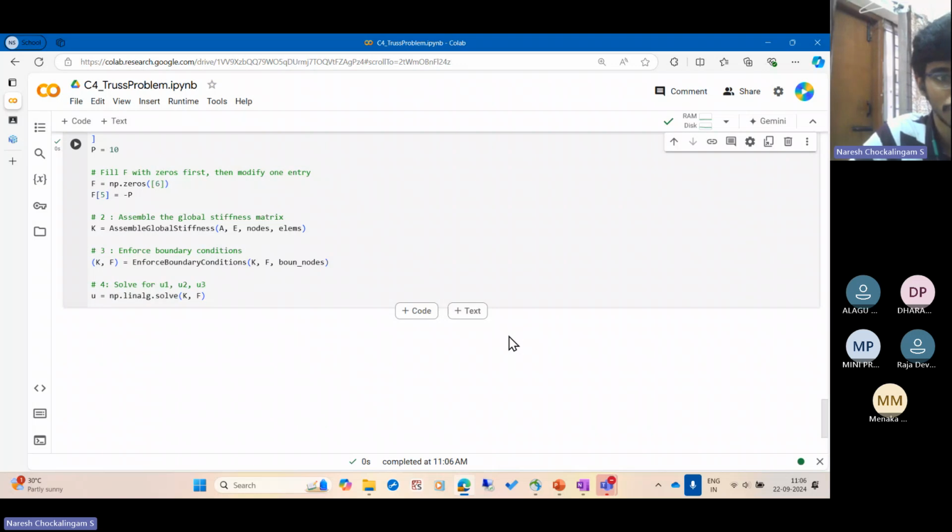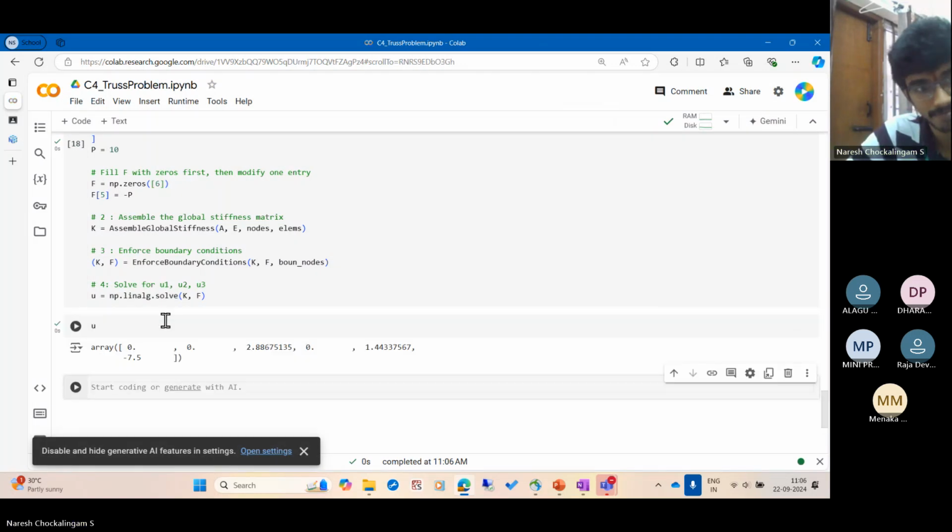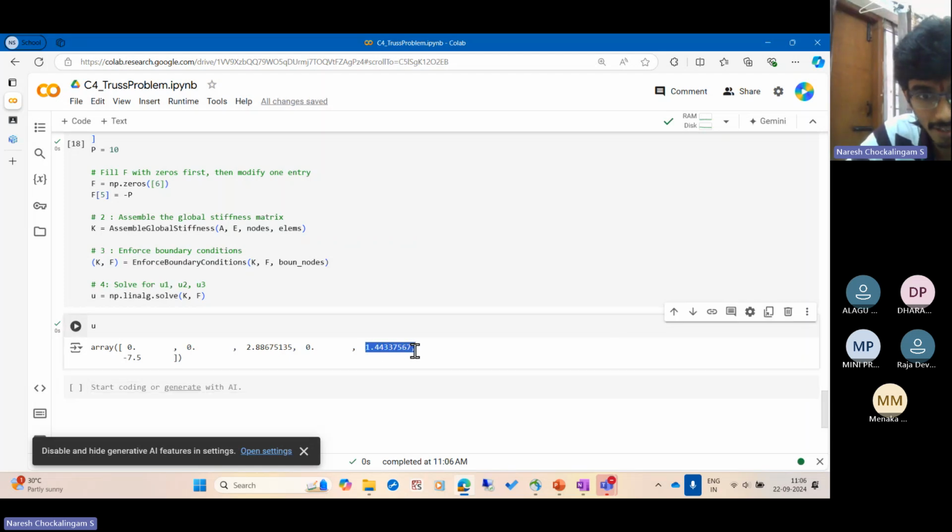Now let us see what U is. So it is 0, 0. This is the horizontal displacement of node 2. And this is the horizontal displacement of the topmost node. And this is the vertical displacement of node 3. So this is what we wanted, right?